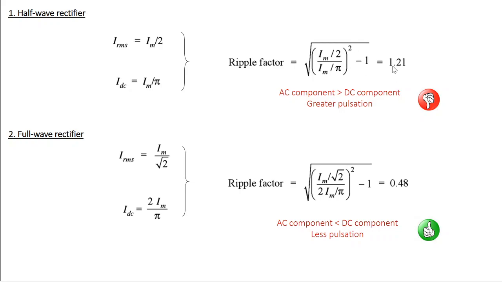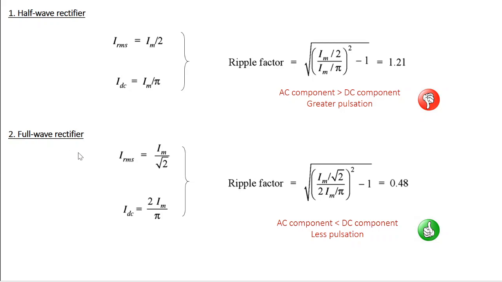So this is greater than 1, which means the numerator is greater than the denominator. So numerator is the AC component. So AC component is greater than DC component. And this is not a favorable condition, because for a rectifier, you want the AC component to be as small as possible. So this corresponds to the condition of greater pulsation, which should be avoided.